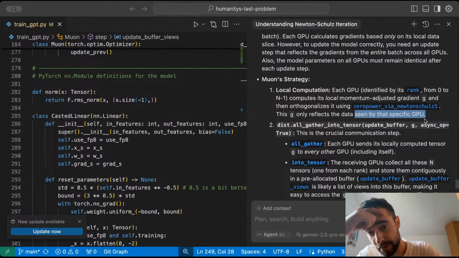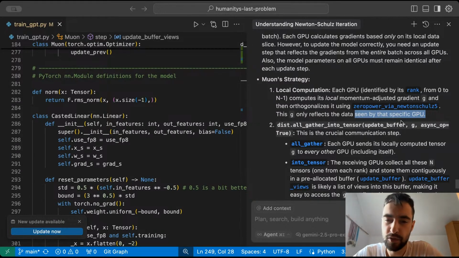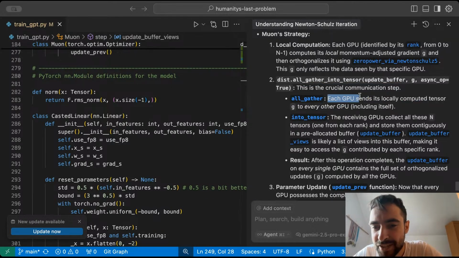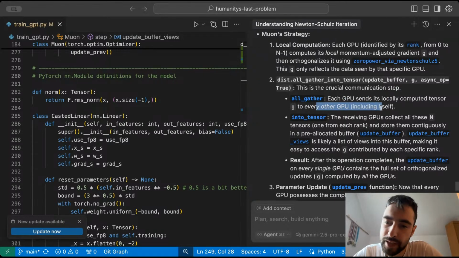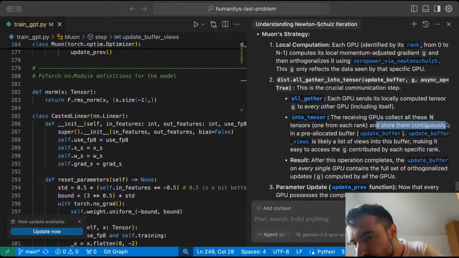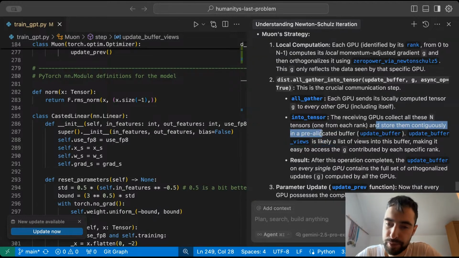This is the all-gather into tensor on the update buffer, async. What is this? This is the crucial communication step: all-gather. Each GPU sends its locally computed tensor, G, to every other GPU, including itself. The receiving GPU collects all these n tensors, one from each rank, and stores them contiguously in a pre-allocated buffer.